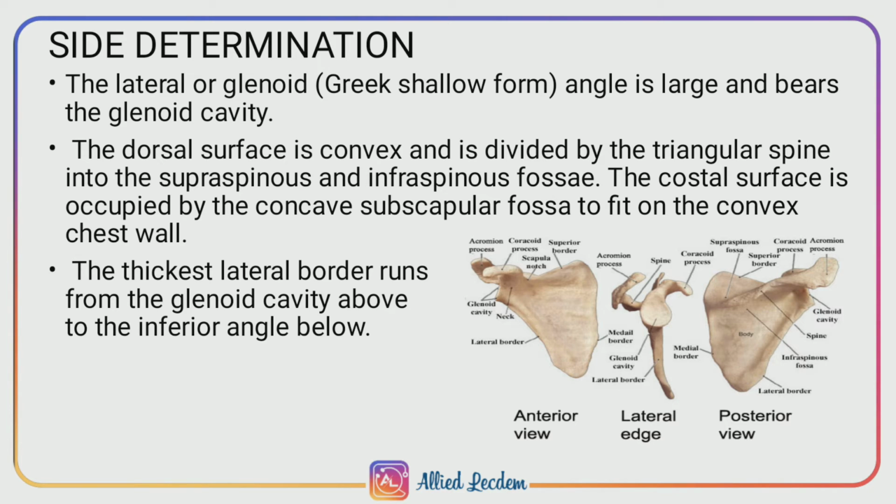This glenoid cavity always lies posterior laterally, whereas the spine and acromion are posterior. So this will help us to determine whether a particular scapula comes from the anatomical left or right side.